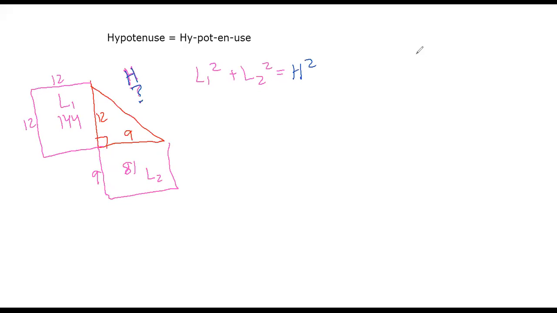If you want to write out the work, we have 12 squared plus 9 squared equals hypotenuse squared. 12 squared is 144, 9 squared is 81, equals our hypotenuse squared.